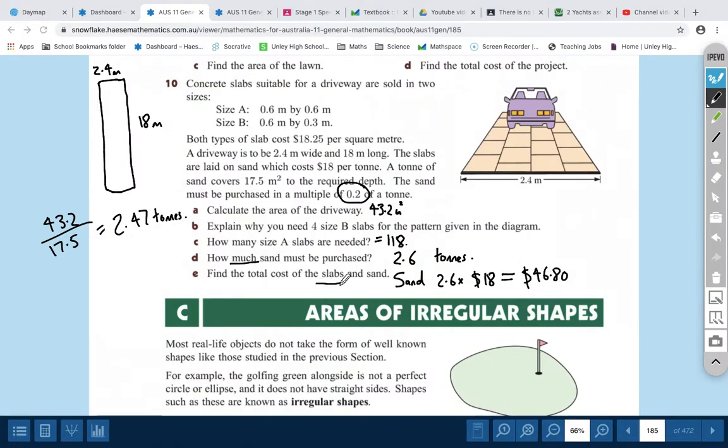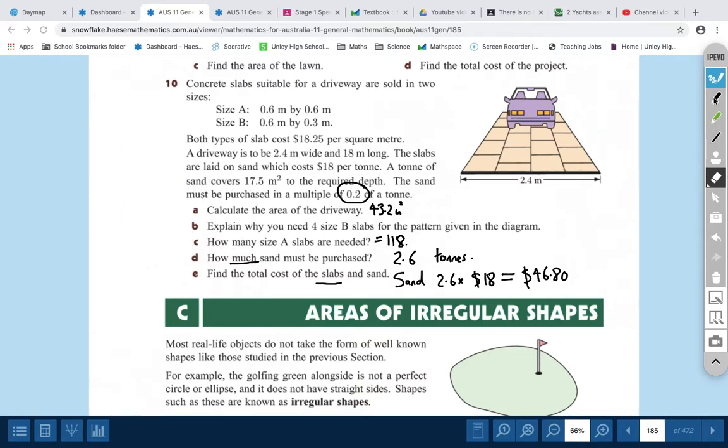All right, cost of the slabs. Where can I write this? I'm going to have to do it over here, I think. So we've got, let's have a look at this. Let's do our total cost. It's sand and it's slabs. We already know the sand. The sand was $46.80. Bargain.